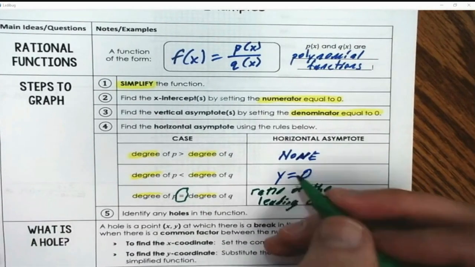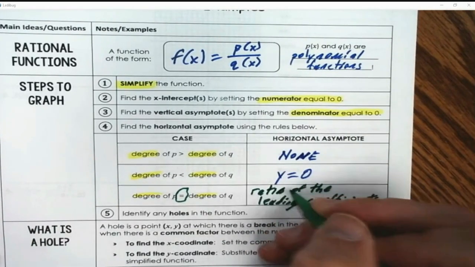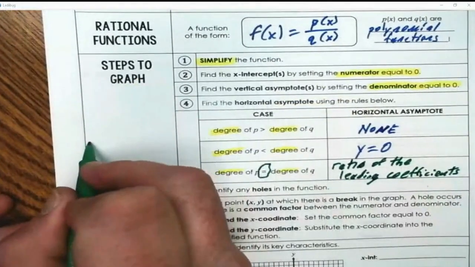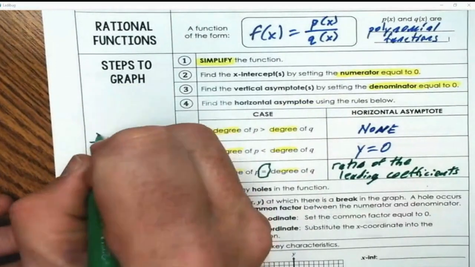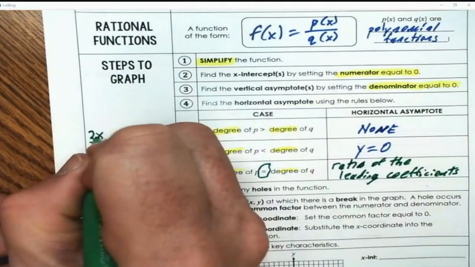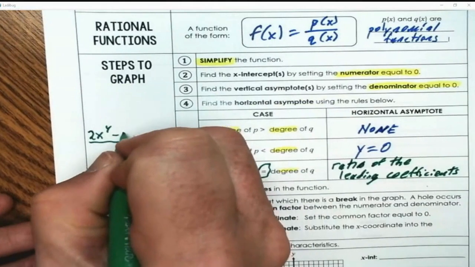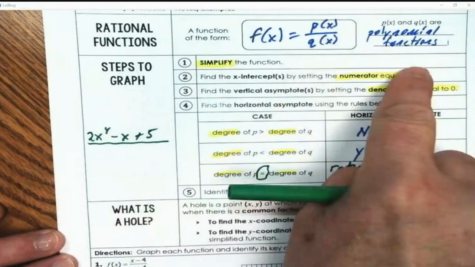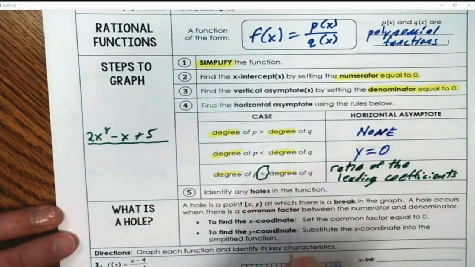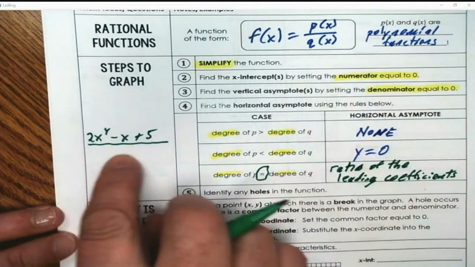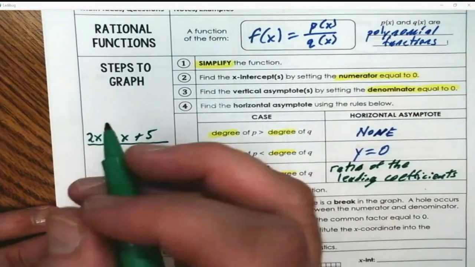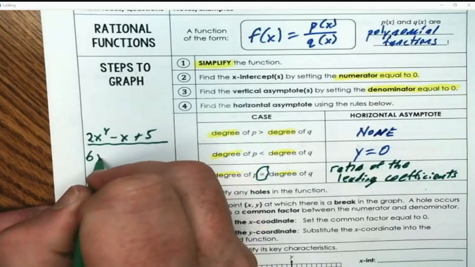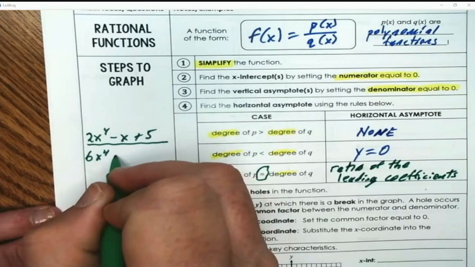The ratio of the leading coefficients. So that means if the top, let's say, we're just going to make this up, 2x to the fourth minus x plus 5. Okay, that's our top polynomial. And let's say we've simplified it, because that doesn't simplify any further. And down here, we've got 6x to the fourth minus 7.